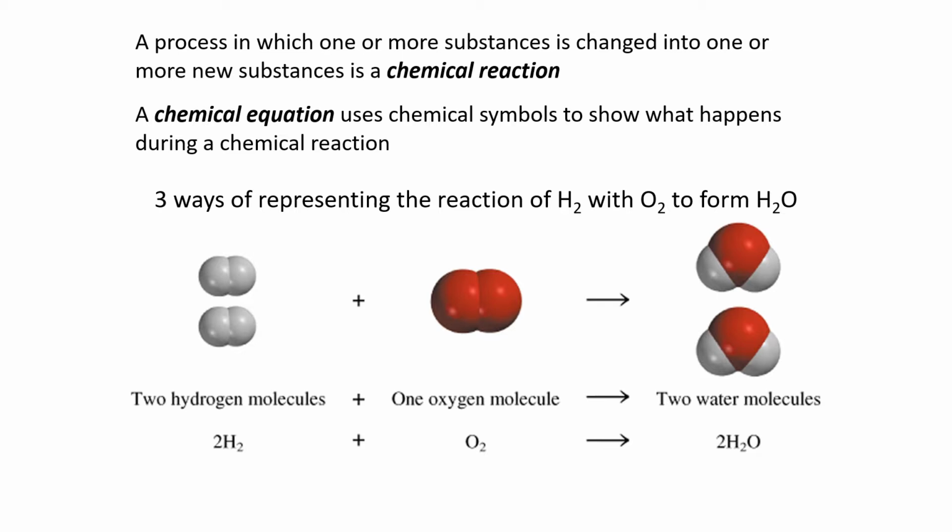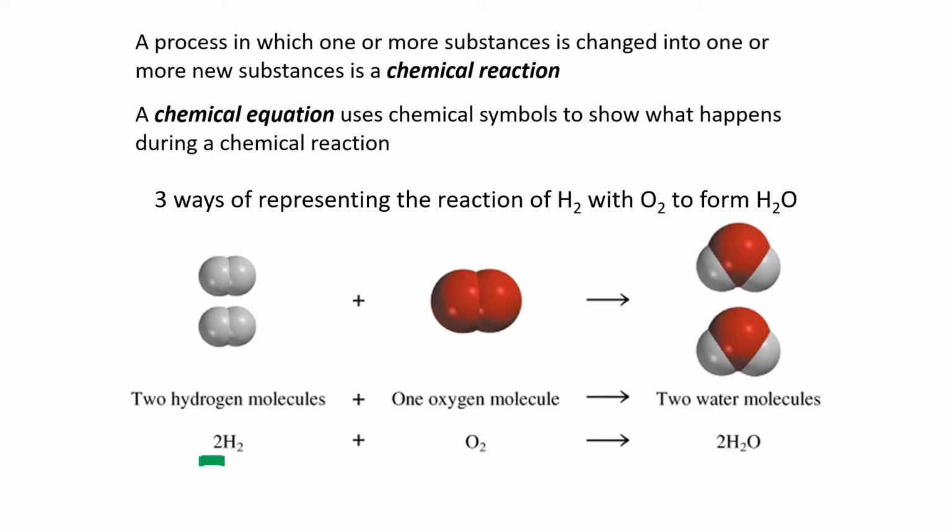And there are 3 ways shown here representing the reaction of H2 gas with O2 gas to form water. These are, again, those space-filling models of H2 molecules and an O2 molecule. And we get 2 molecules of water. We could also represent that as kind of a sentence: 2 hydrogen molecules plus 1 oxygen molecule gives us 2 water molecules.